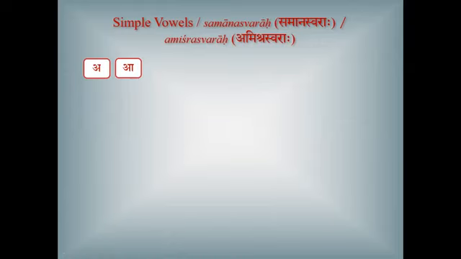If the unit of time is 2, meaning 2 seconds, if a is 1 second, the long a will be 2 seconds. It is relatively longer, lengthened, elongated. That is called the long vowel.